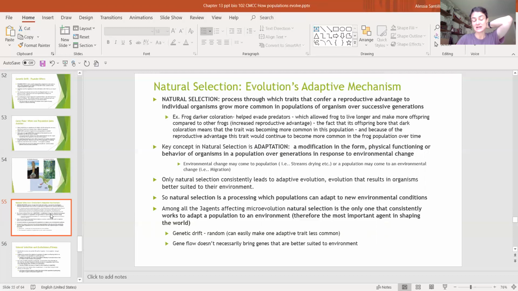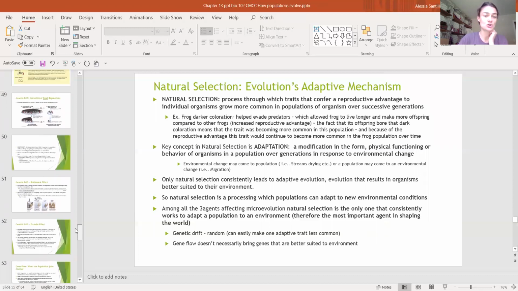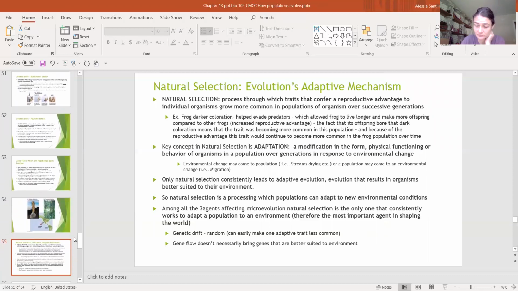And then of course we have natural selection. Natural selection is the last of the things that contribute to microevolution. Of the three, genetic drift, gene flow, and natural selection, it is the only one that really allows for adaptive evolution, okay?